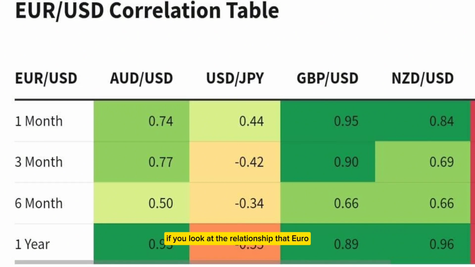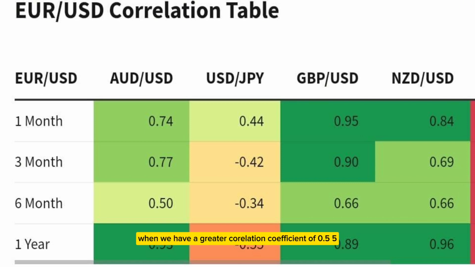So if we look at the relationship that Euro USD has with AUD USD in 1 year, we will notice that we have 0.93. Now, let me mention that when you have a correlation coefficient of 0.1 up to around 0.4, we will say the positive relationship is weak, okay?